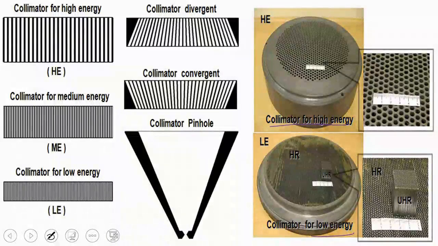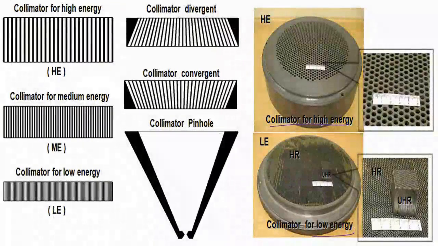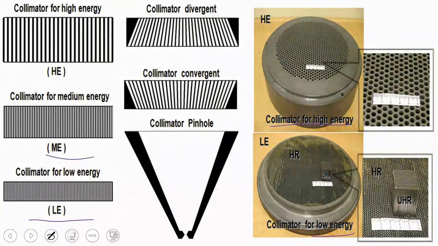Medium energy and high energy collimators depend on the isotope: if we have iodine, we use high energy; if we have gallium or indium, we use medium energy. Here is the low energy collimator, here is the medium energy, and here is the high energy.